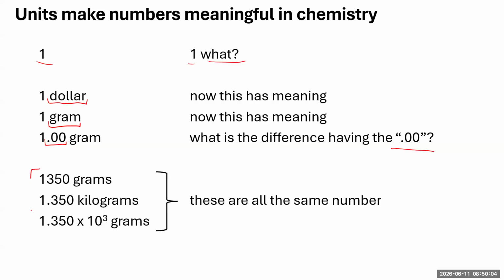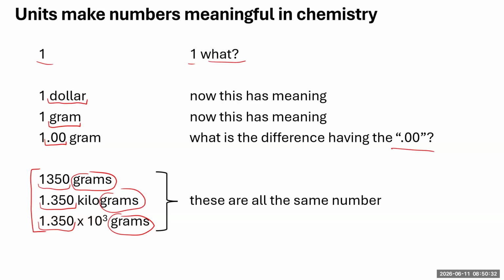We're also going to have to go back and forth between different versions of these numbers. 1,350 grams is the same as 1.350 kilograms is the same as 1.350 times 10 to the third grams. You can see these are all some sort of grams, and the numbers look sort of the same, but there are decimals and all sorts of stuff.